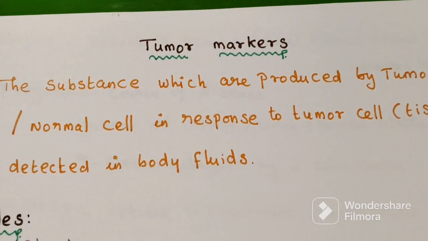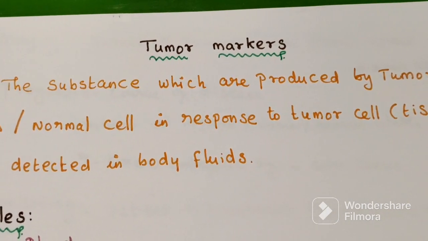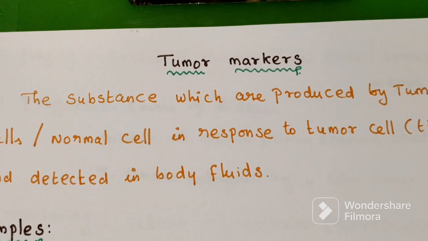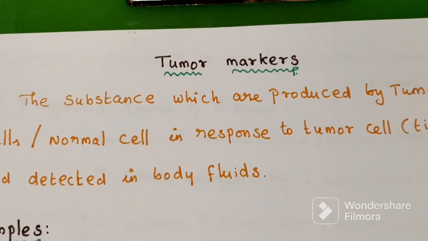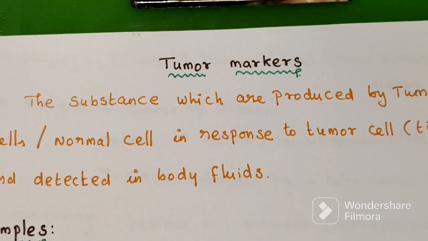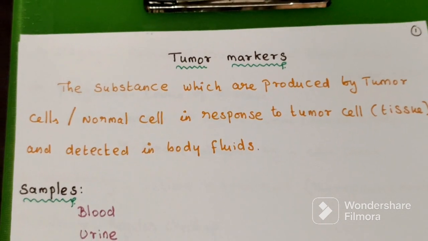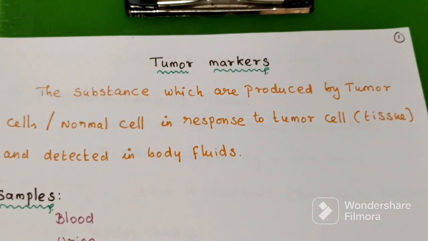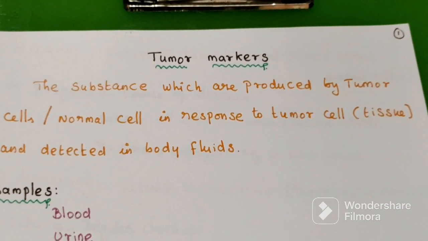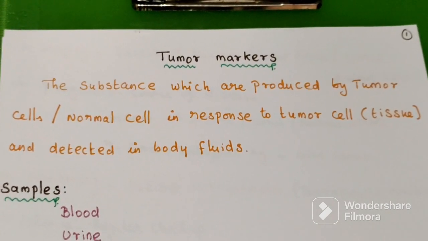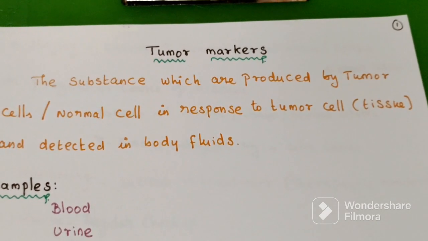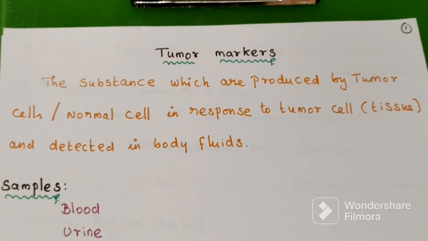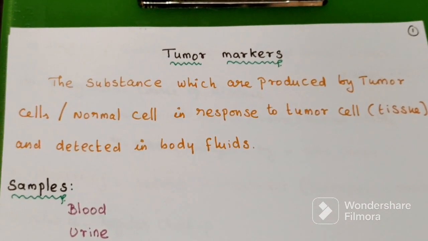A marker means a substance produced by tumor cells or normal cells in response to tumor cells, and detected in body fluid. These substances, especially protein molecules, detected by various methods, are known as tumor markers.